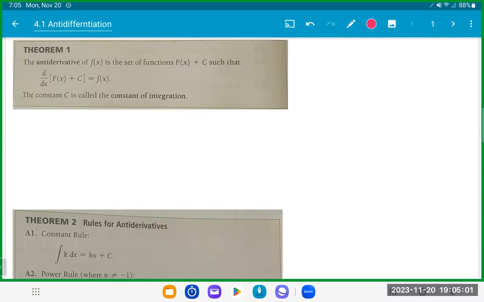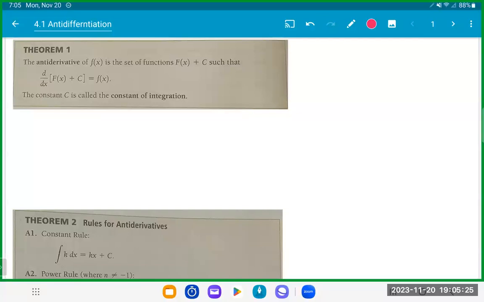So in this first section here on anti-differentiation, that starts on page 386 of your textbook. And so the thing to point out here is we just finished chapters 1 through 3, where we covered differential calculus. Now we're going to shift gears a little bit and cover what's called integral calculus, okay?